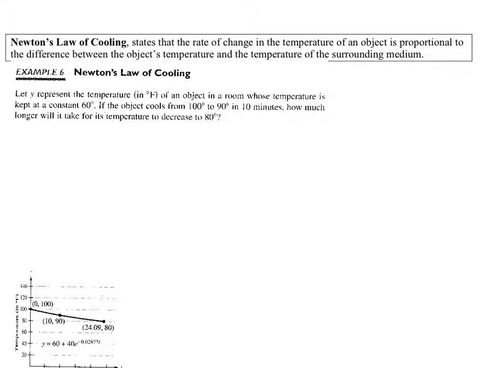This is why, let's say you're baking something, you heat the oven up to 375 degrees. If you put something frozen in there, it's going to lower the whole temperature of the oven for a while.